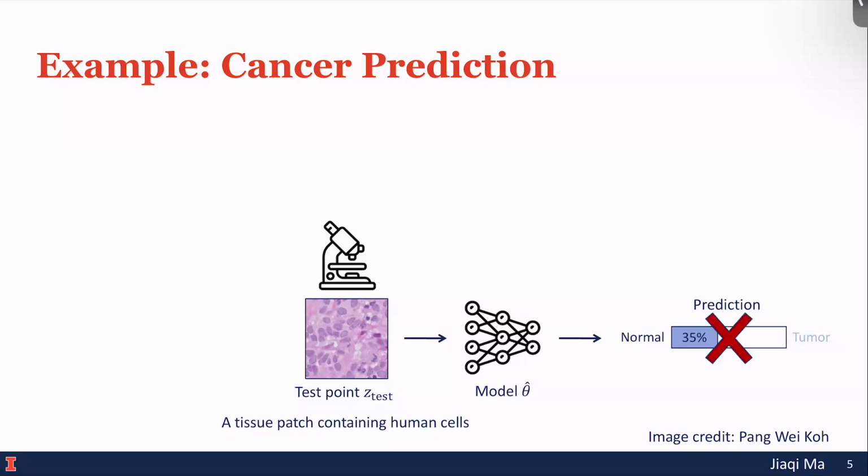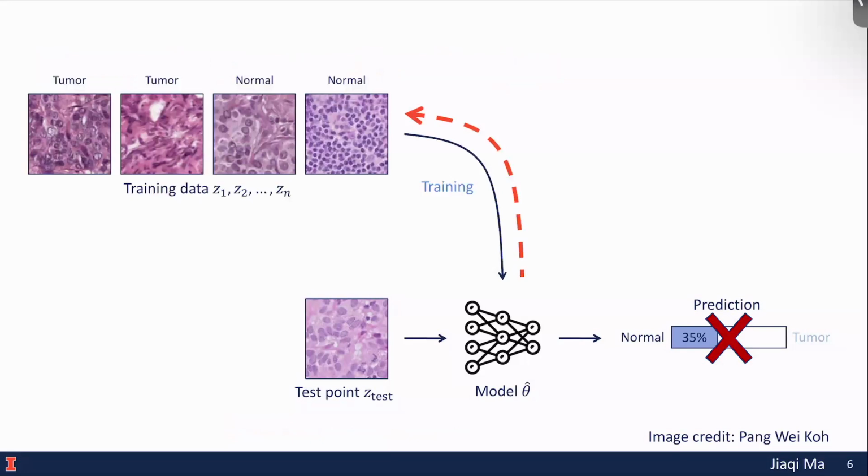Now, suppose we know this is a wrong prediction, and this is actually a tissue with tumor cells. Suppose the reason is that one data point in the training data set, the third one, is mislabeled. It's actually a tumor tissue, but it was labeled as normal.